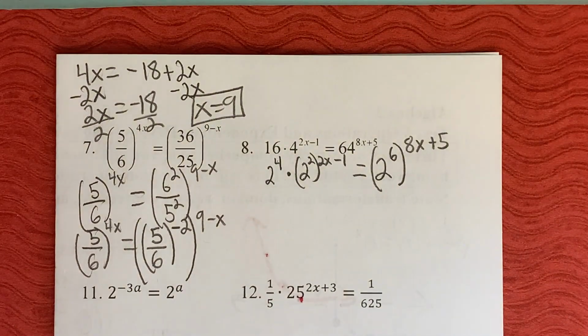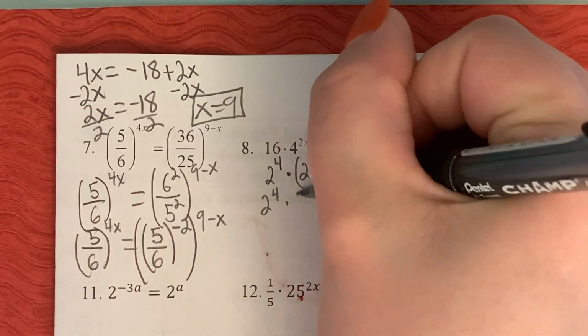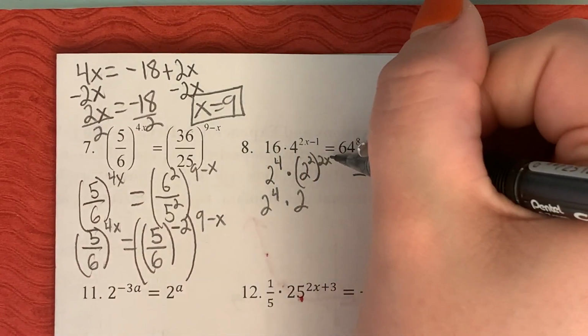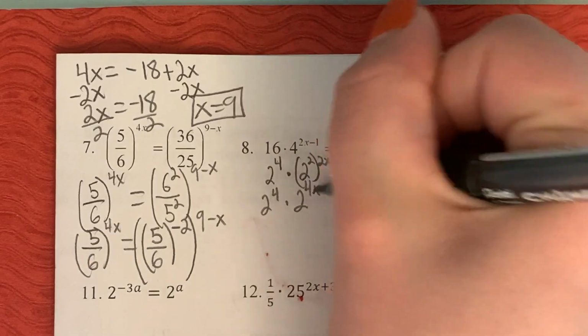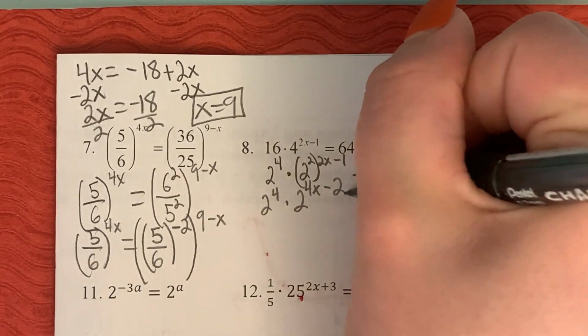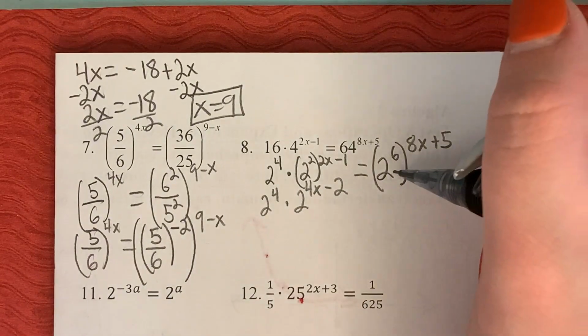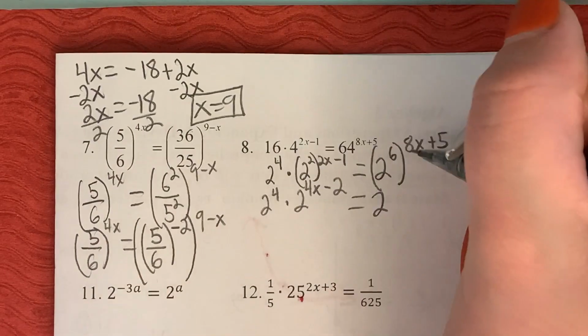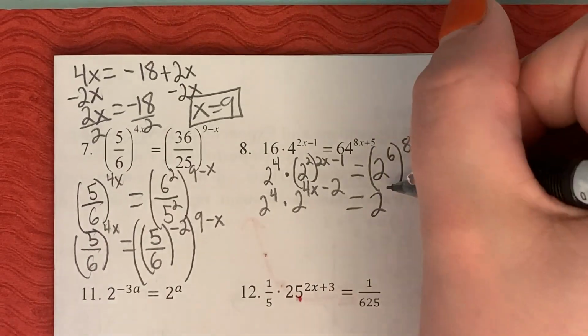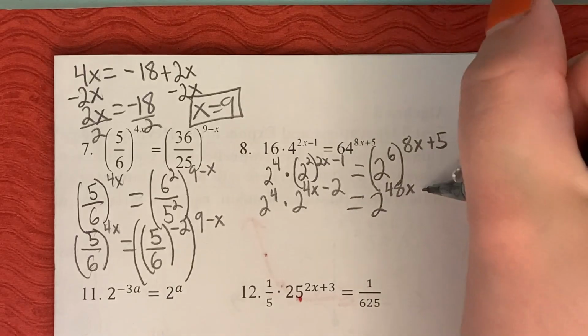So that means I'm going to do 2 to the 4th times 2 to the 2 times 2x, which is 4x, 2 times -1, which is -2. And then that's equal to 2 to the 6 times 8x, which is 48x, and 6 times 5, which is 30.